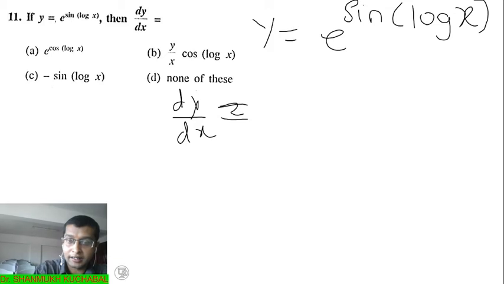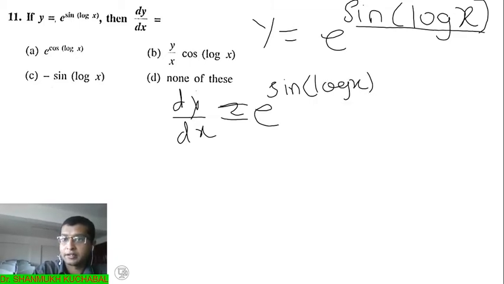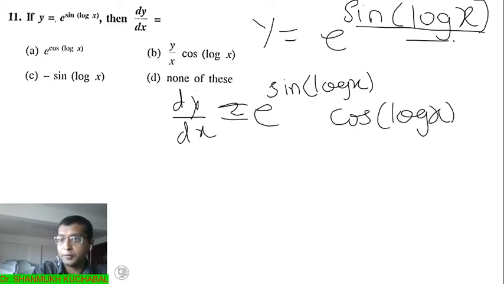So similarly, this one is e raised to sine log x, and f of x is sine log x. Sine differentiation is cos log x. Further, log x differentiation is 1 by x here. Right.